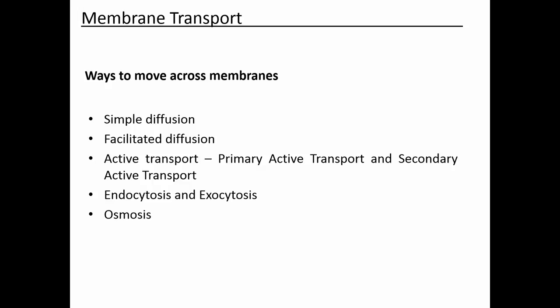That's the chemical part of an electrochemical gradient. So this is one of the gradients that's involved. So in an electrochemical gradient, the chemical part refers to the concentration gradient. And so it's the combination of the concentration gradient and the membrane potential.